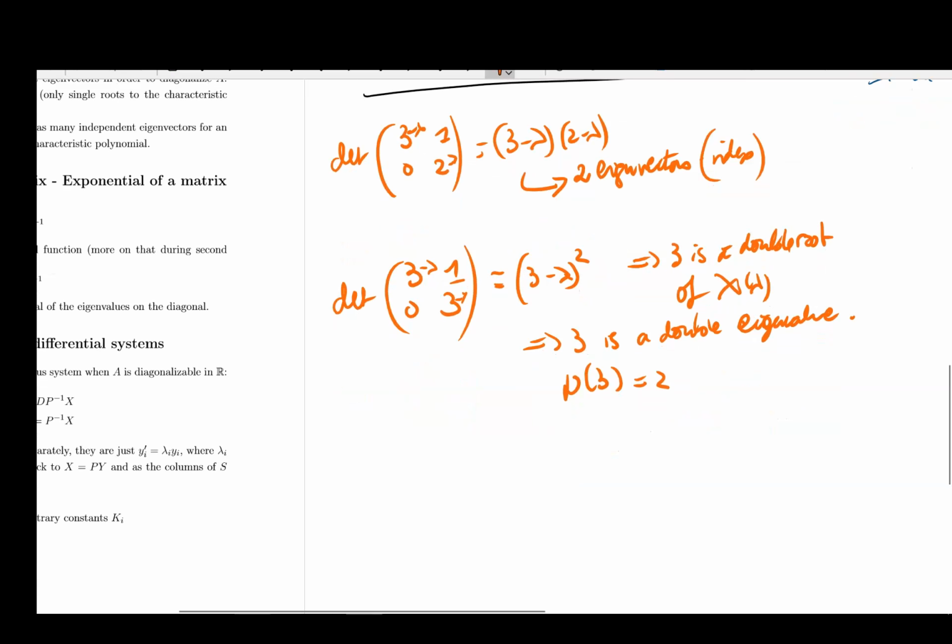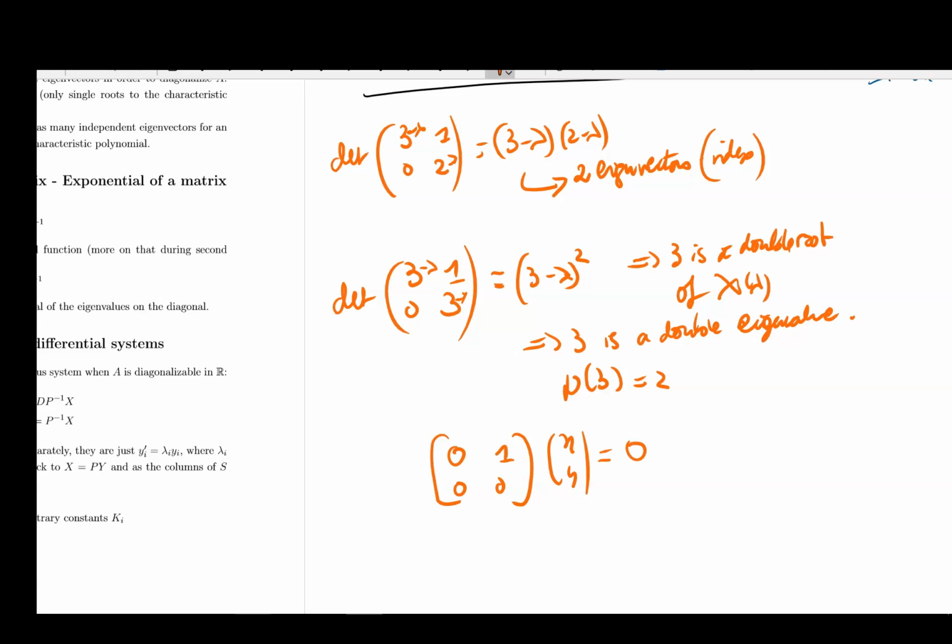Okay, problem here. If I'm looking for the corresponding eigenspace, what should I solve? I should solve A minus 3I. So that's going to be 0, 1, 0, 0, times (x, y) is equal to 0. And what do I get?